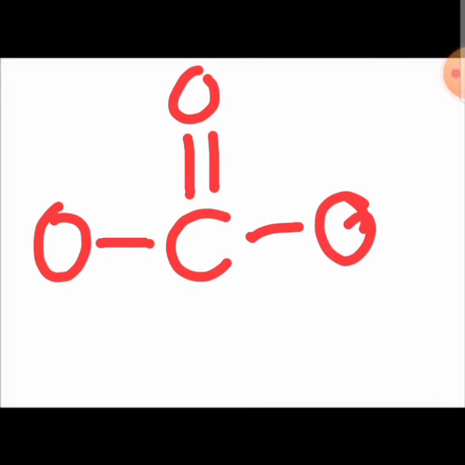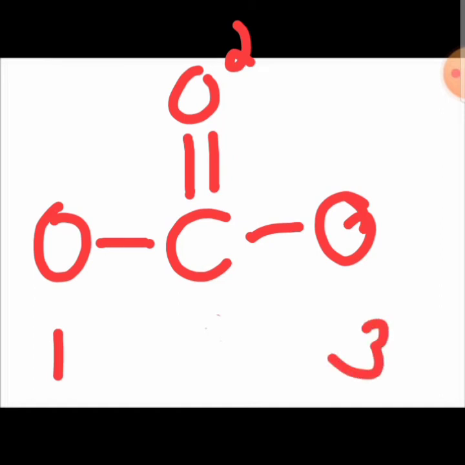Now we are going to write the electrons according to the octet rule. Around carbon there are already 4 bonds, 4 twos are 8, so no need to write any electrons around carbon. I am going to give numbering to the oxygen atoms: first, second and third.